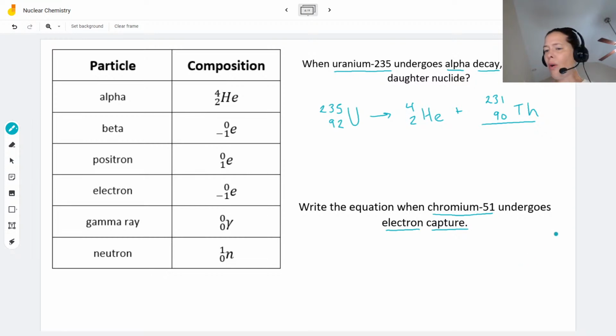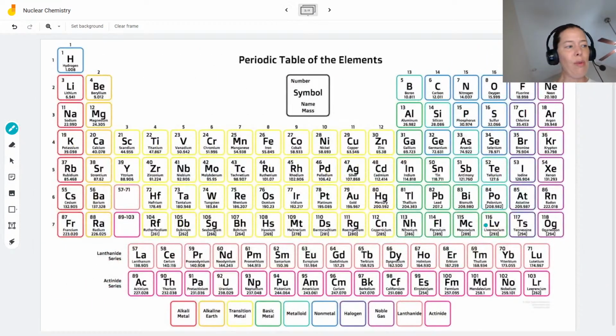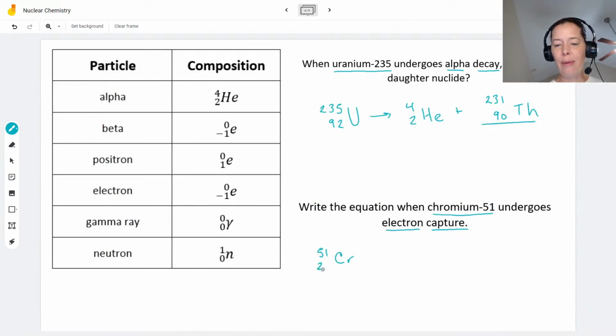All right, so we've got chromium, and its mass number is 51. Let's get its atomic number. Okay, chromium. Here it is right up here. Atomic number 24. So let's get that in. Okay, again, this is electron capture. So this is going to go on the reactant side. Here is my electron. This gives me the information I need here. So we have a 0, a -1, and an E.